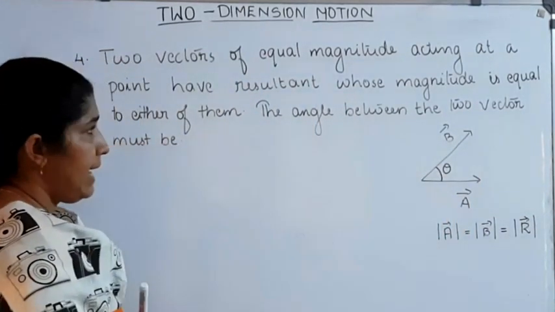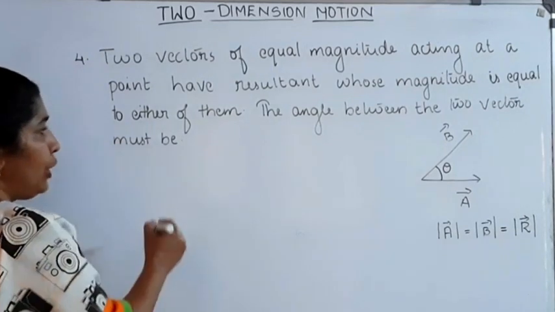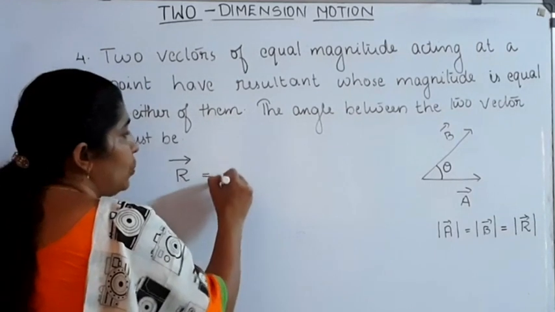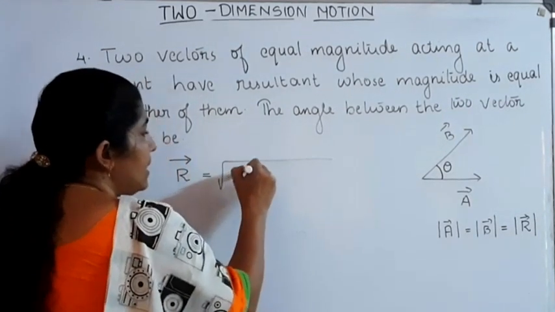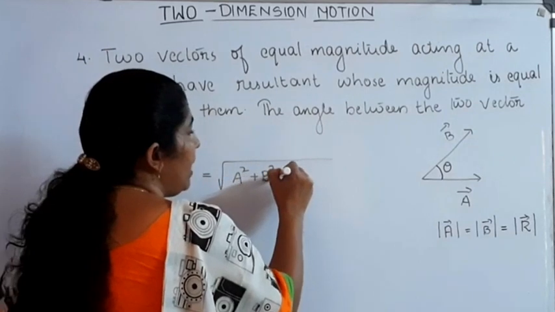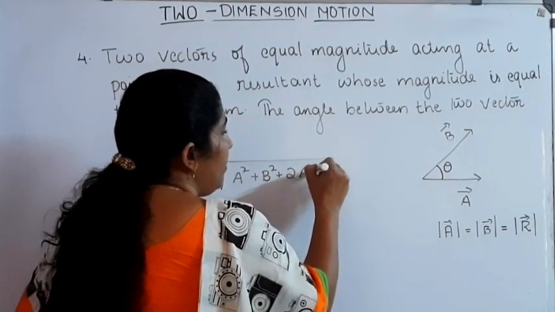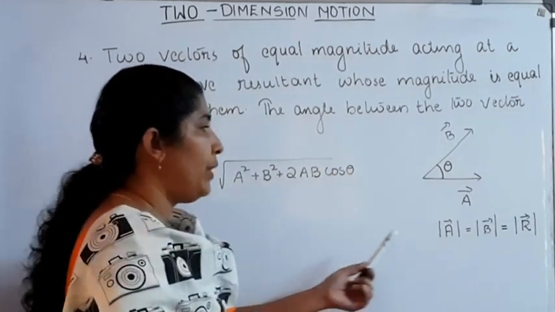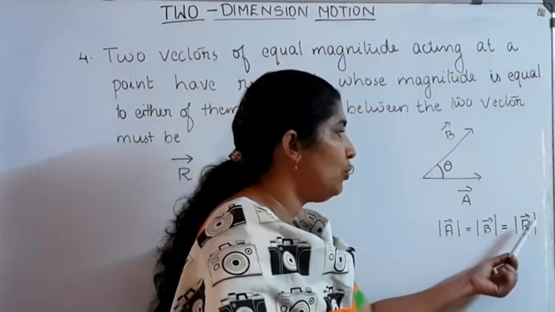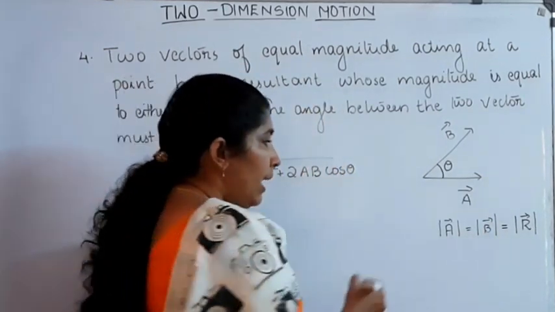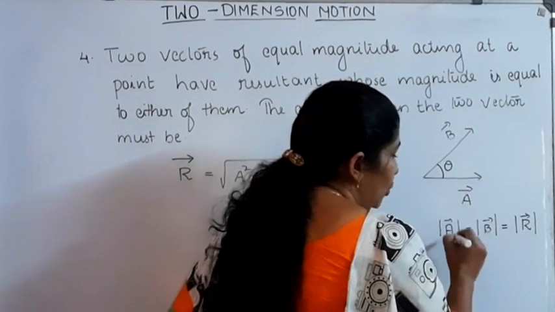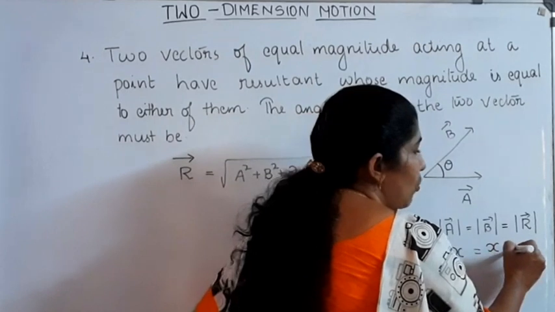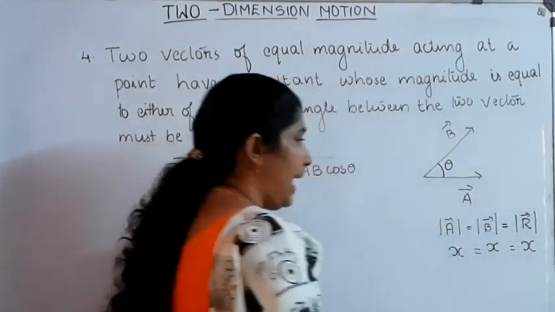Okay, in this case, we know the resultant of two vectors. Vector r is equal to root of a square plus b square plus 2ab cos theta. Okay. Here modulus of a is equal to modulus of b is equal to modulus of vector r. So modulus of a can be taken as x, then modulus of b can be taken as x, then modulus of r is also equal to x.